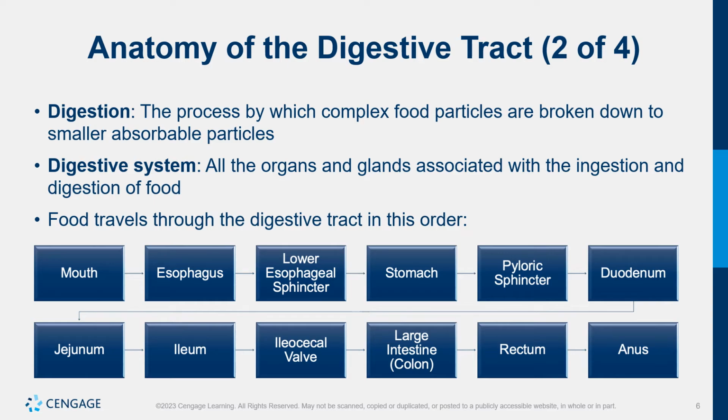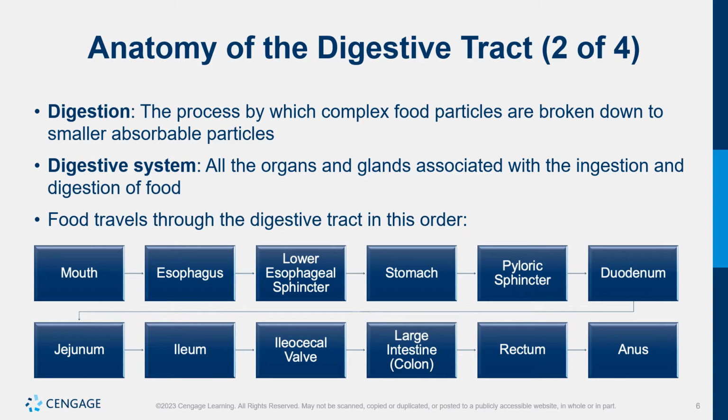Food travels through the digestive tract in this order. Digestion starts in the mouth. The epiglottis opens and allows food into the esophagus. The lower esophageal sphincter opens and allows food into the stomach.